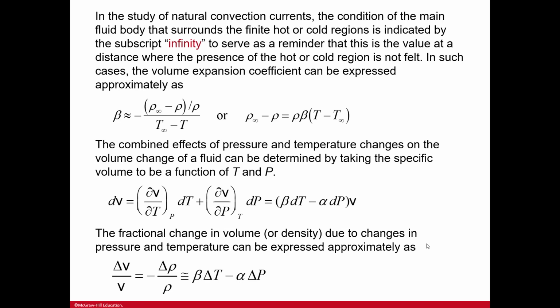In such cases, the volume expansion coefficient can be expressed approximately as below. And that's because things like temperature, hot or cold, is always a measure of heat. So if something is hot, then it contains a lot of heat. If something is cold, then it contains a little amount of heat.